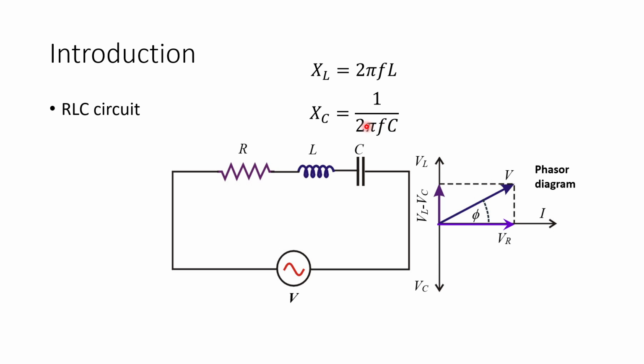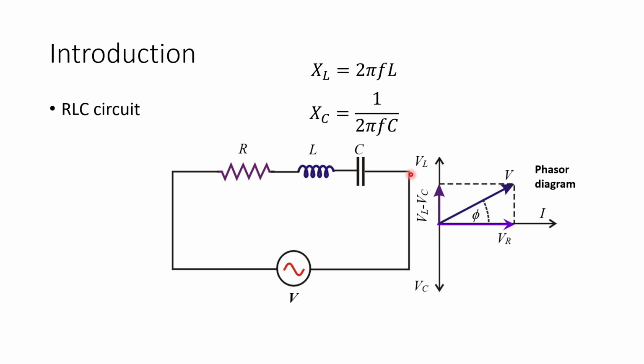So as you can see, by tuning the frequency, you can change the XL and XC, and this phase lag would cause VL to be 90 degrees ahead of the current and the voltage across R, and VC to be 90 degrees behind the current and voltage across this R. If you make a plot of this phase of the current and voltage that goes through different parts of the equipment, you can create what you call a phasor diagram, where you can put VL on the positive y-axis and VC on the negative y-axis.